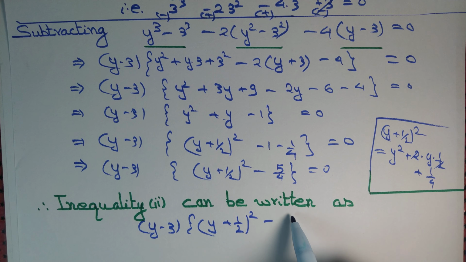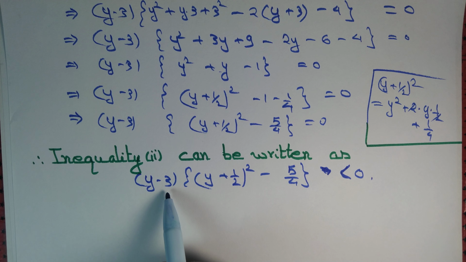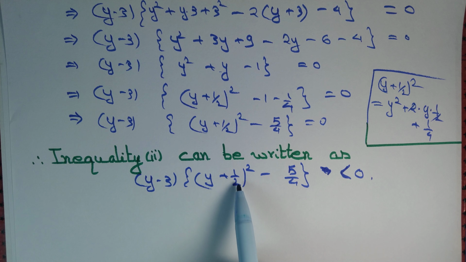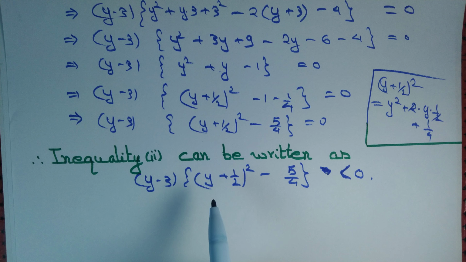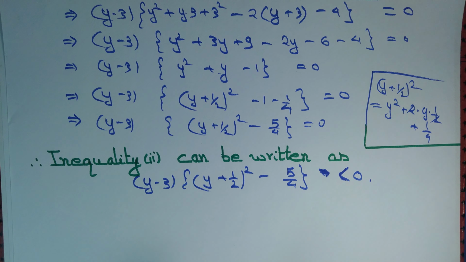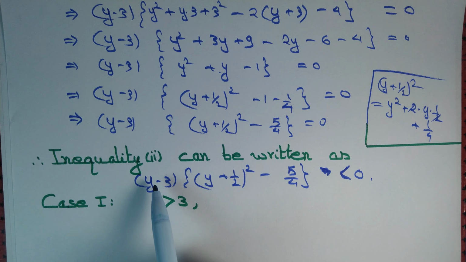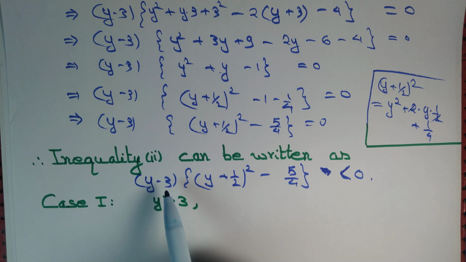Now let us look at the case y is greater than 3. If y is greater than 3, then y plus half whole thing square must be less than 5 by 4. Is that possible? So y has to be either greater than 3 or less than 3. What if y is greater than 3?